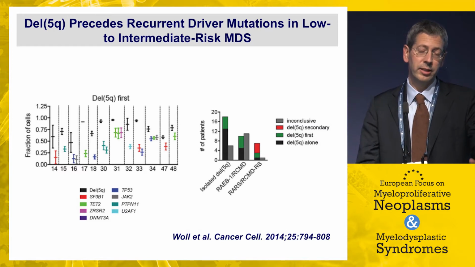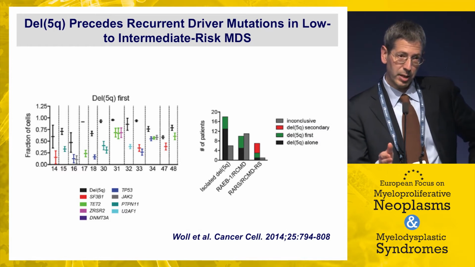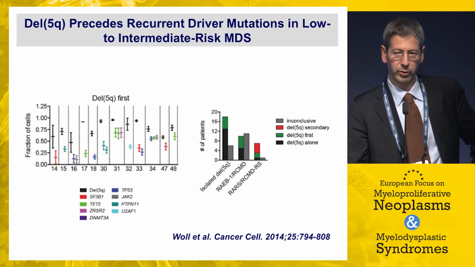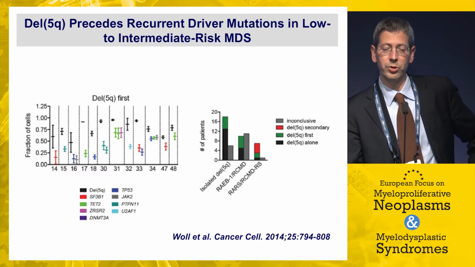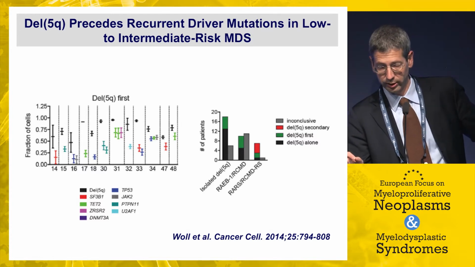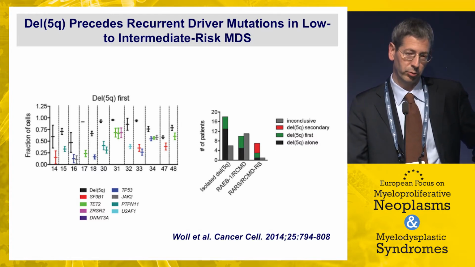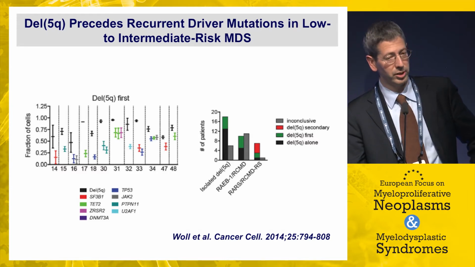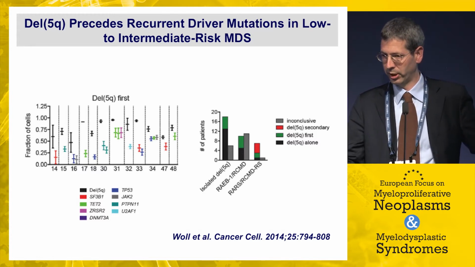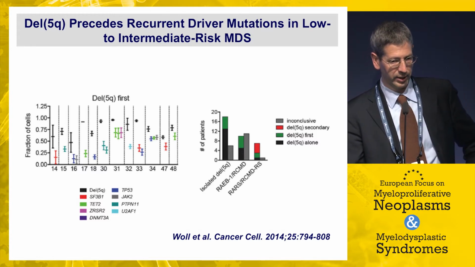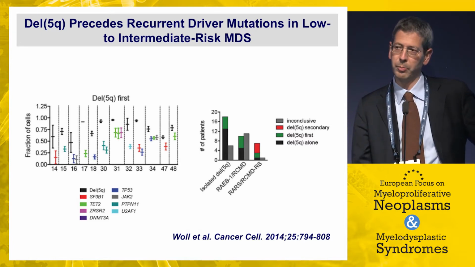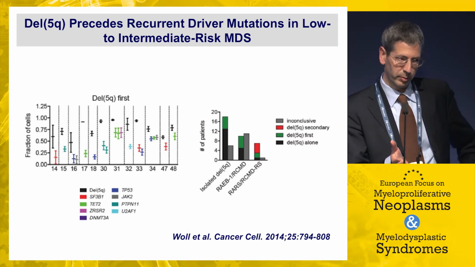In fact, the experiment of genotyping of single hematopoietic stem cells we conducted in collaboration with Peter Vogl showed that in a large proportion of cases, the deletion of 5q is the only genetic lesion that can be observed in patients with 5q minus syndrome, and in most cases, the deletion precedes recurrent mutations in low or intermediate risk MDS. But nonetheless, this deletion may occur on the background of an age-related hematopoietic clone.